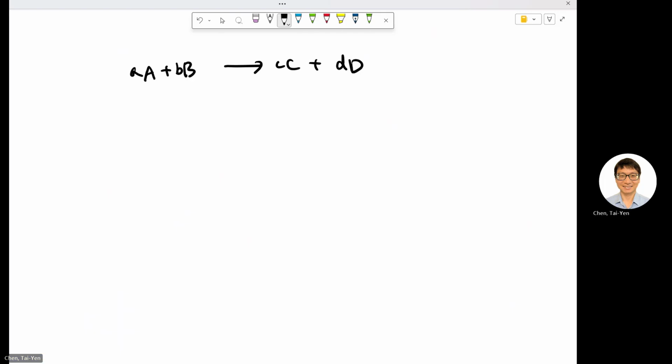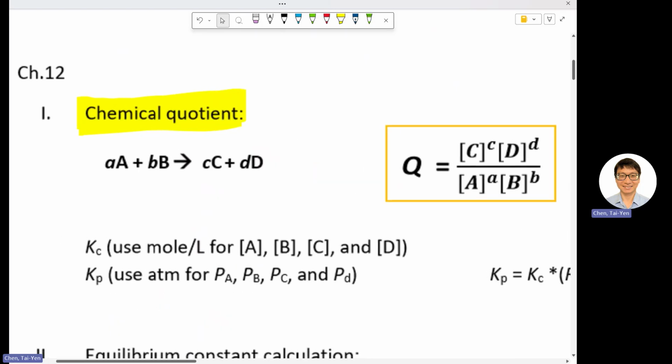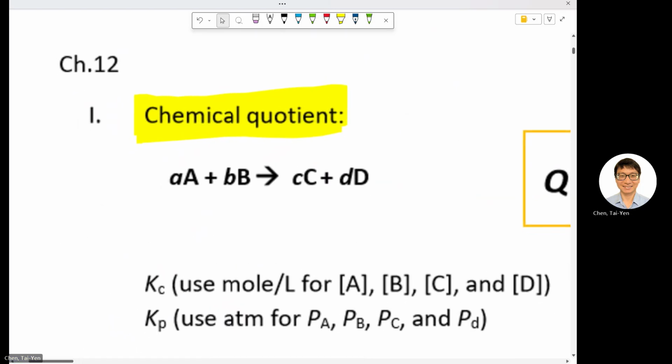How do you call the quantity you calculate using the same equation? That is called the chemical quotient.